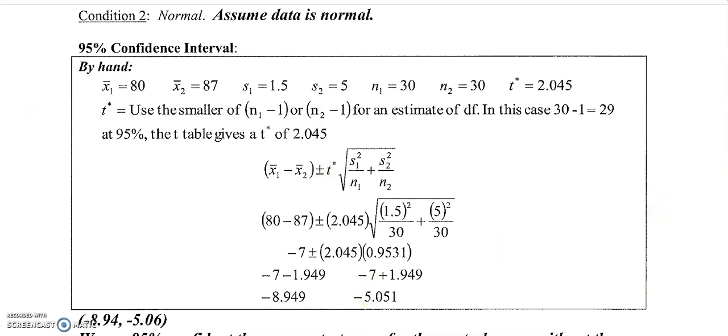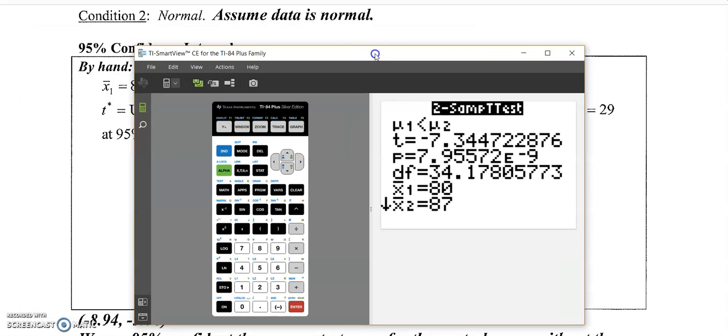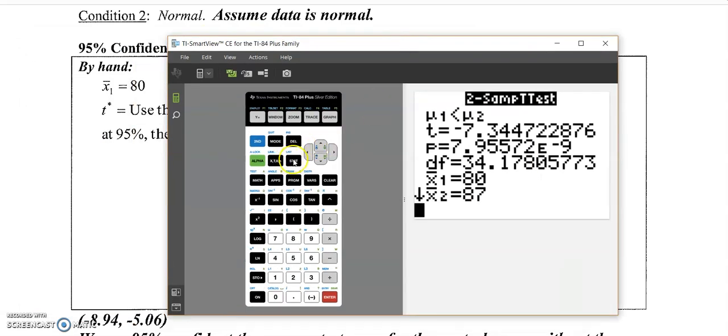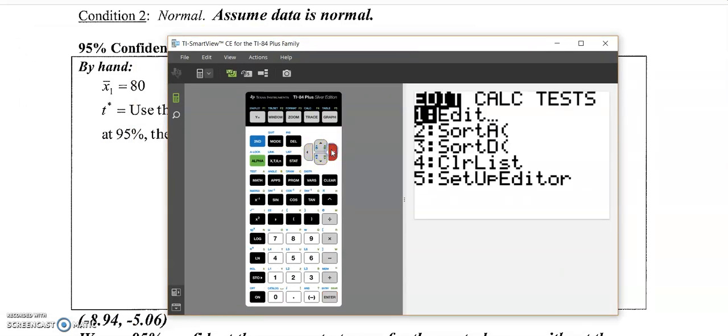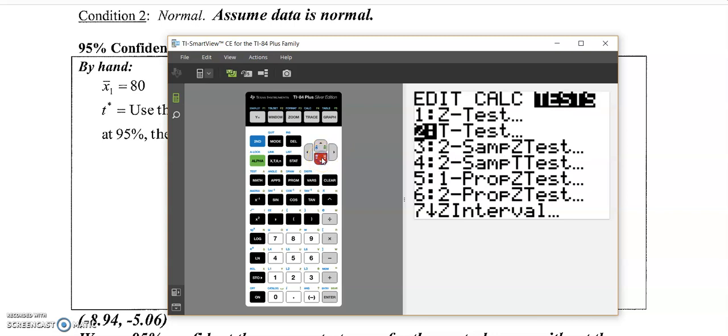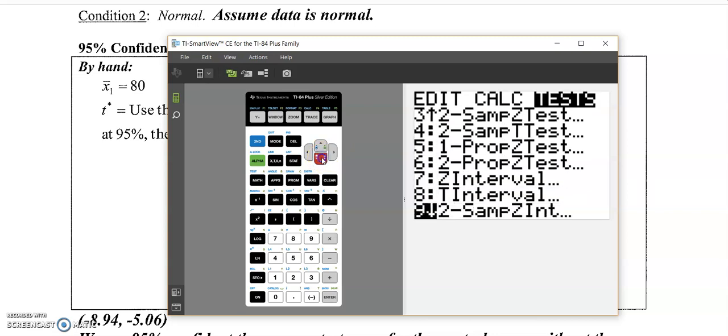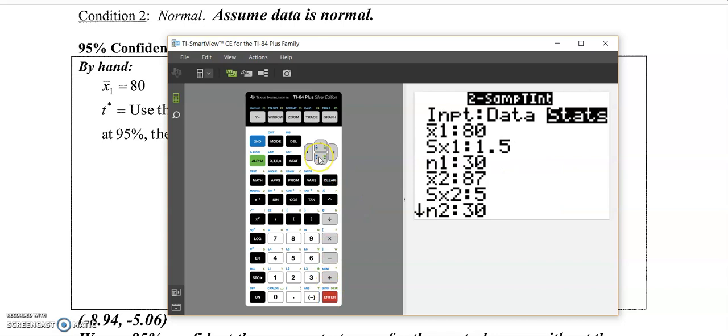We verify those numbers in the calculator. Since we're doing a 2-sample t-test, that is stat to the right. Since we did a 2-sample t-test, we're going to do a 2-sample t-interval. 2-sample t-interval is all the way down to number 0. Push enter. Keep it at stats.